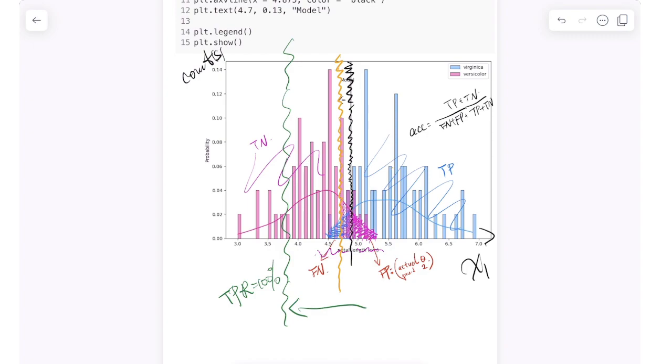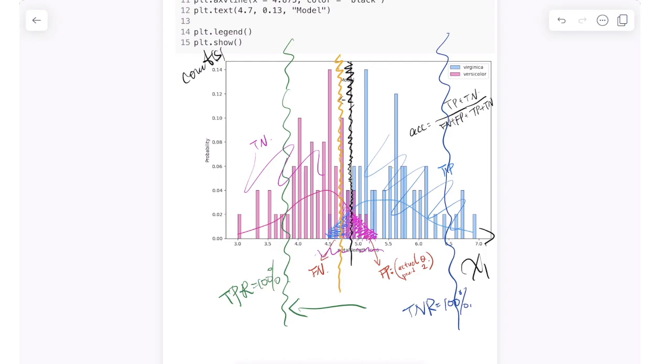The other thing is that if you move your boundary line to the right hand side, you can classify all pink data points, so the true negative rate is 100%, because you correctly classify all the pink data points to the pink class, since they are at the left hand side of the blue boundary line.